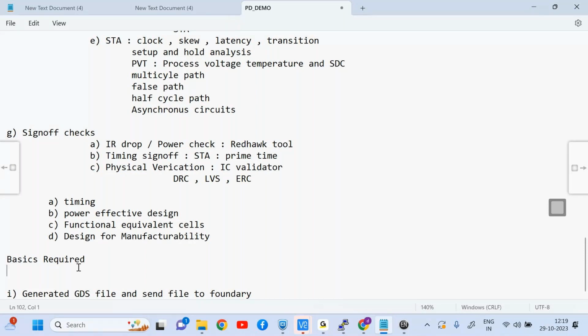So, the basics required: no doubt you want digital design.